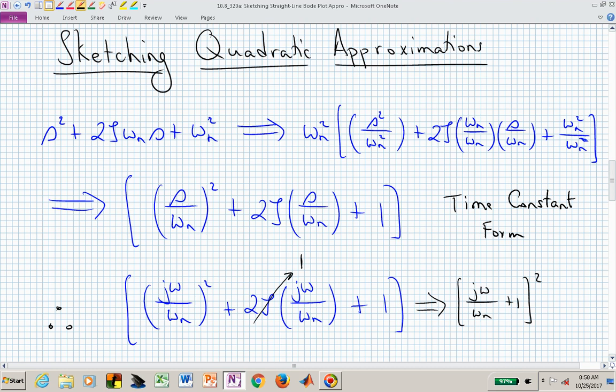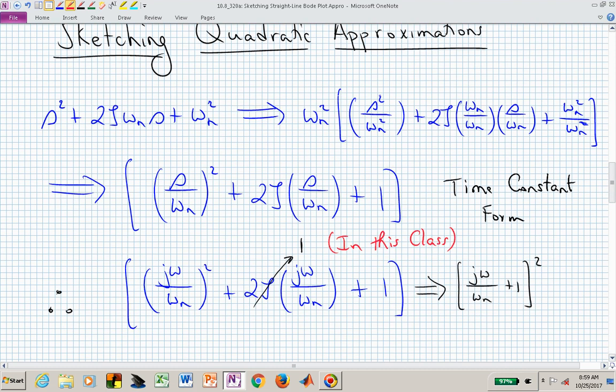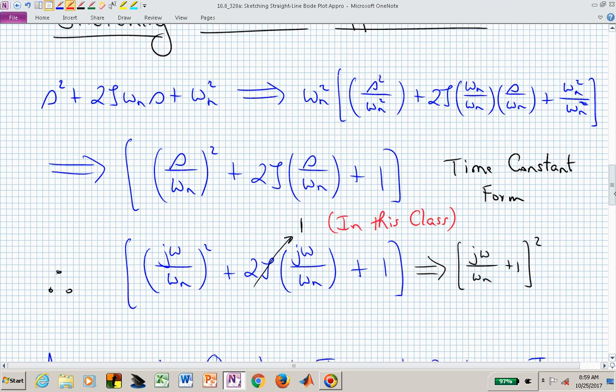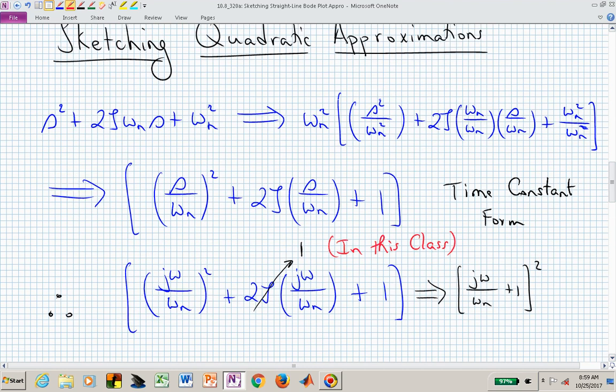And in this class, this is not the way to sketch necessarily a Bode plot for a quadratic factor, but it helps us quickly approximate this behavior in both magnitude and phase by simply saying, let's just rotate those complex poles down to the real axis and consider this quadratic factor to actually just be a pair or a set of repeated real poles that are a distance omega sub n.